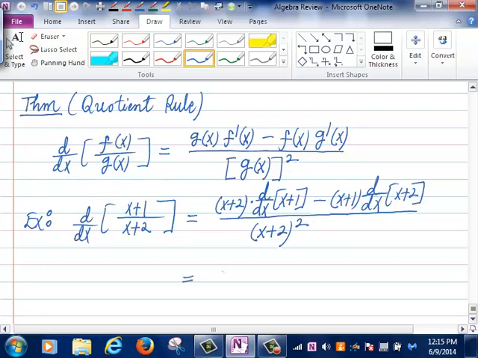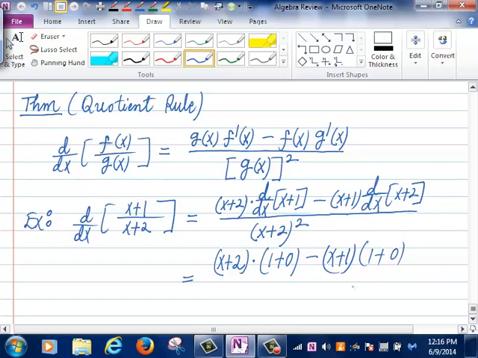So what do I have? I have x plus 2 multiplied by what? The derivative of x plus 1 is what? It will be the derivative of x, which is 1, plus the derivative of 1, which is 0. So I get 1 plus 0, minus x plus 1 times 1 plus 0 again.